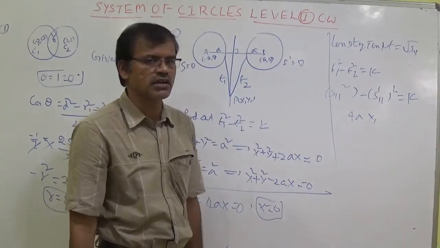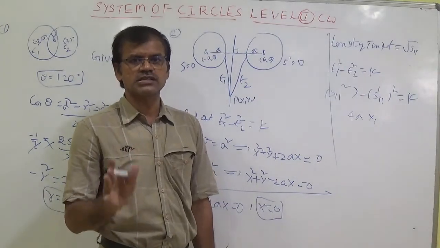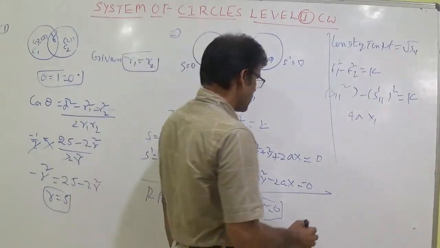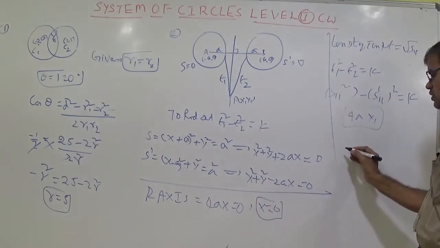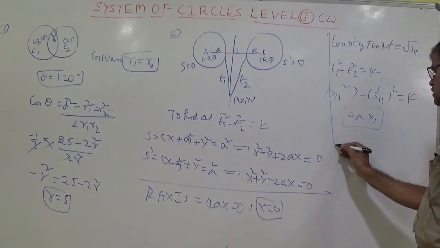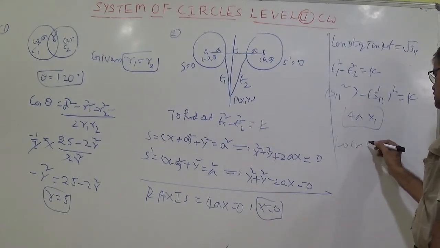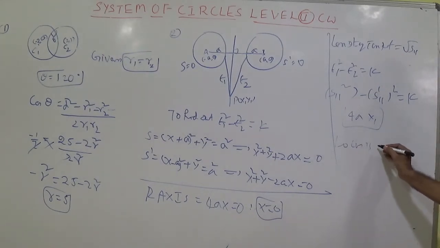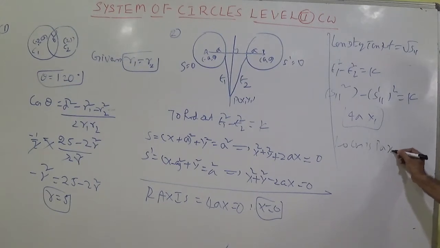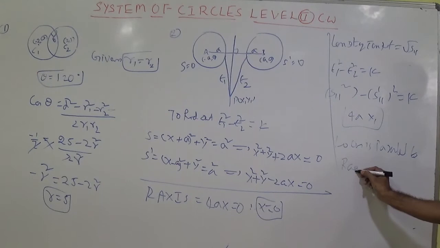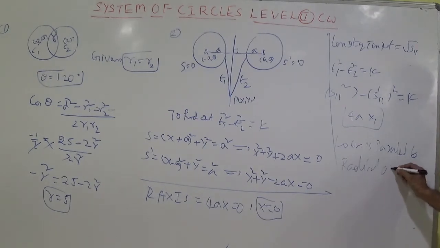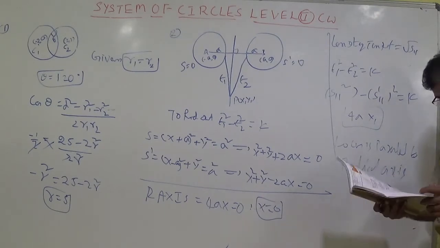So we can understand here simply that the locus is the radical axis or parallel to the radical axis, because x = 0 and we got 4ax1. We can say the locus is parallel to the radical axis. Locus is parallel to the radical axis.